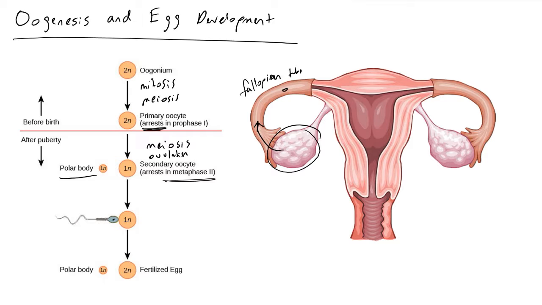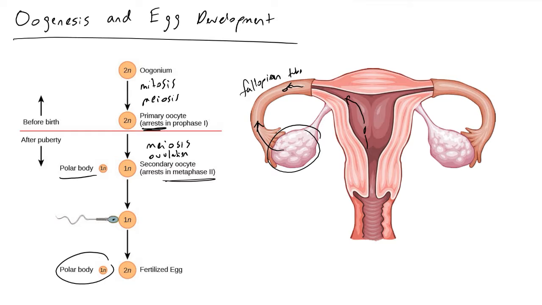And what will happen in the fallopian tube is, if it's fertilized, sperm will swim up into the fallopian tubes and fertilize the egg. And if fertilization occurs, then meiosis 2 will resume and pass metaphase 2.